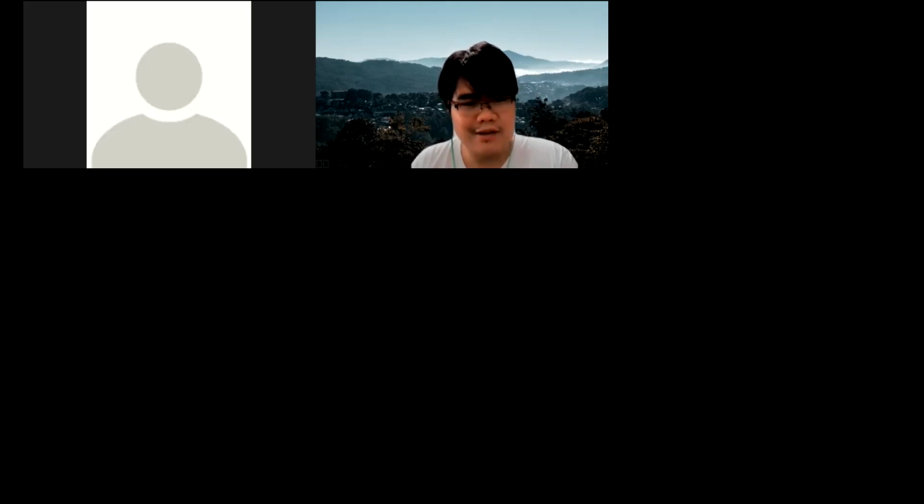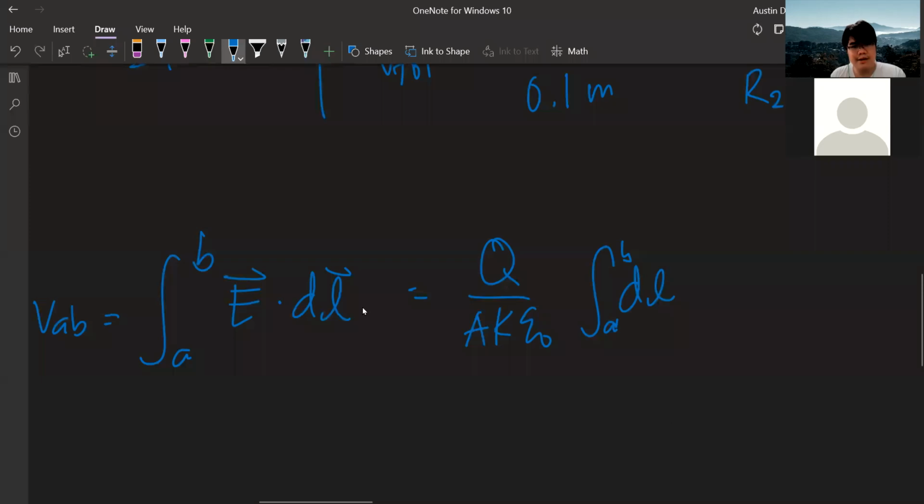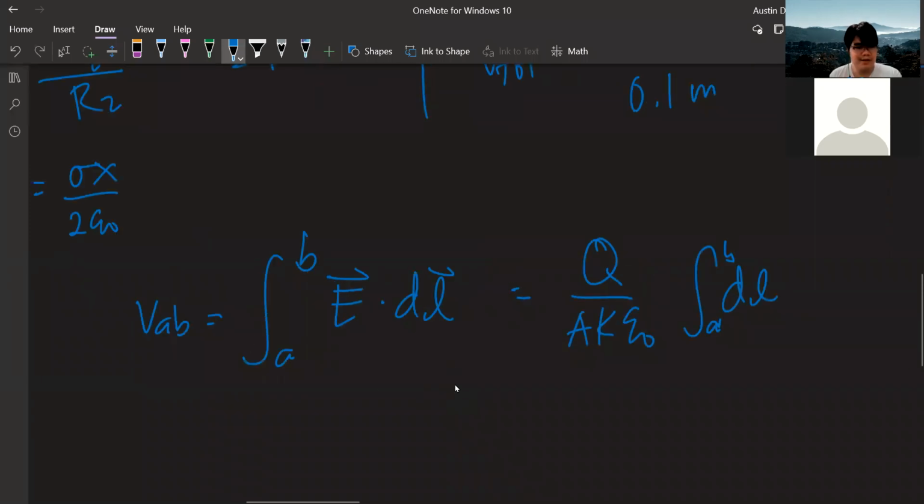Tama yung sinulat ko. Okay? So, tama to. Ito yung formula sa libro.